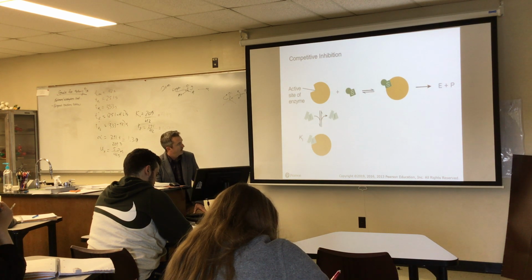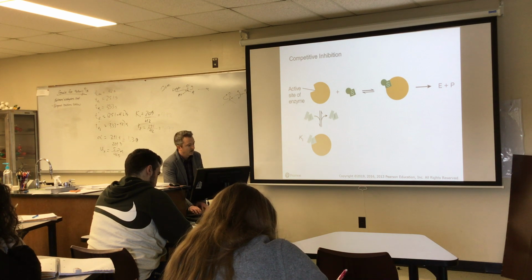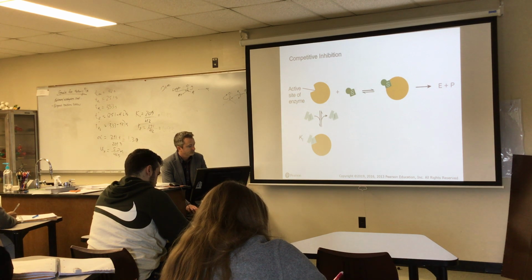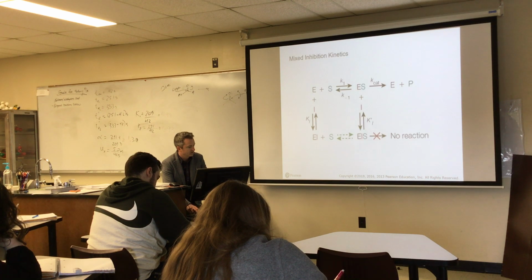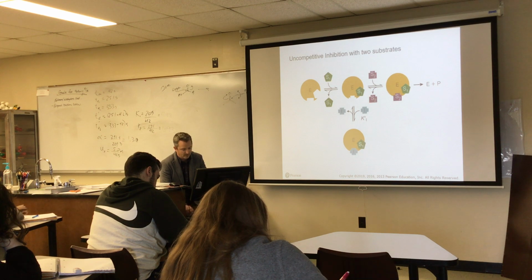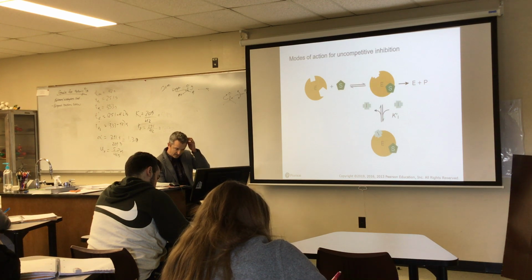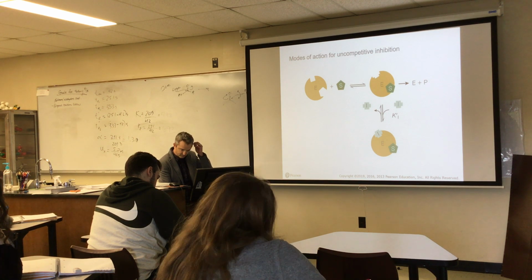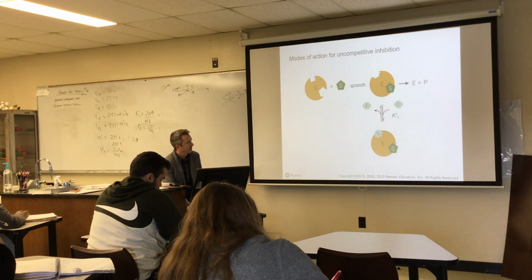Remember, the competitive model is the one that utilizes the inhibitor at the active site of the enzyme. And then the uncompetitive is the one that we just looked at. Now that's with two substrates; with one substrate, the inhibitor binds on a separate site on the enzyme surface and prevents the catalyzed process to form the product.